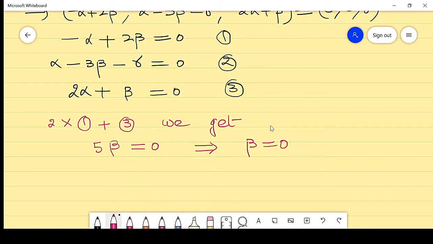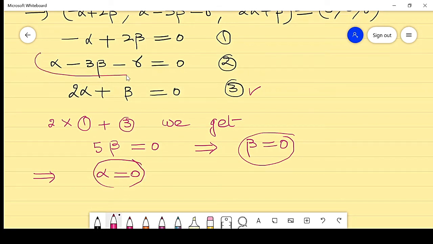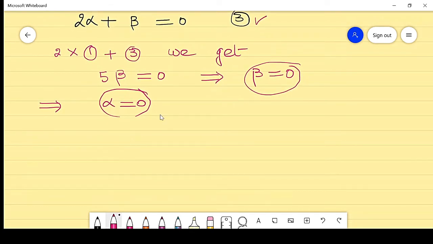When we substitute this beta in this equation, we get alpha equal to 0. When we substitute the values of beta and alpha in equation number 2, we get gamma equal to 0.